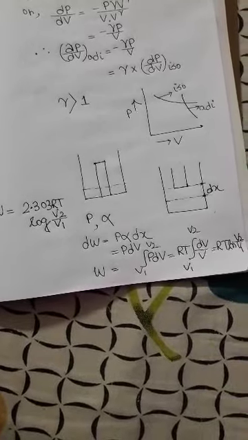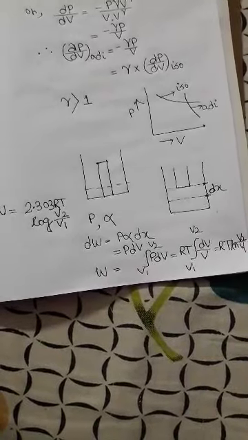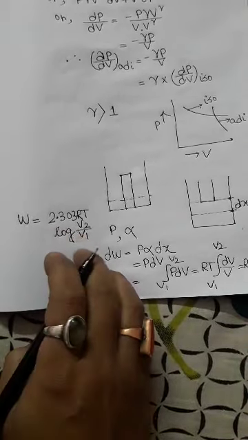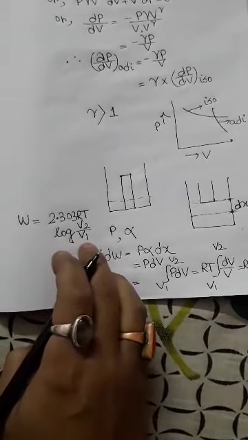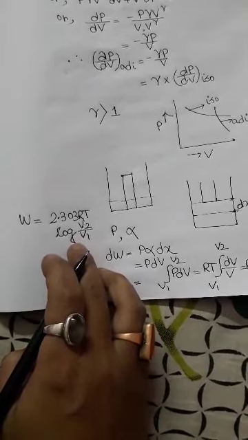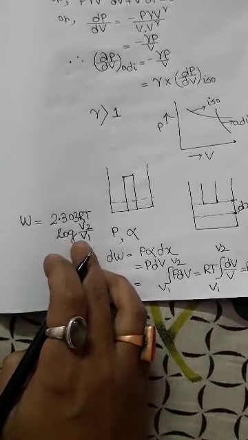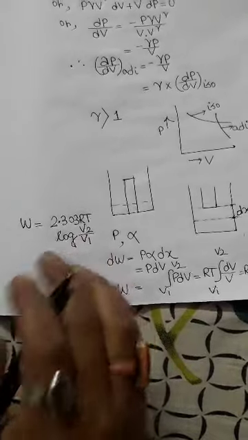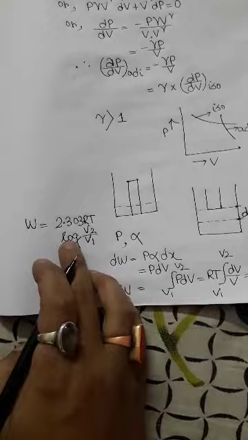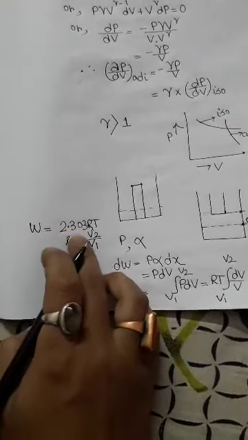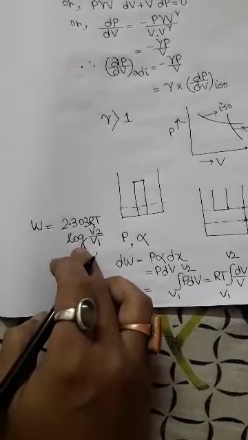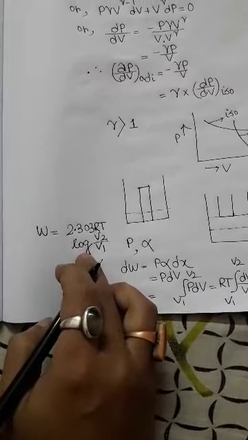In the previous line we wrote ln, and in this line we write 2.303 because we converted the log from base e to base 10, so we must multiply by 2.303. This is the amount of work done by 1 mole of perfect gas during isothermal expansion.